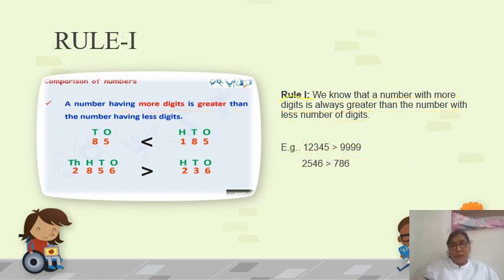Rule number 1. We know that a number with more digits is always greater than a number with fewer digits. For example, 12345 is greater than 9999. Why so? In this number, how many digits? 5 digits.